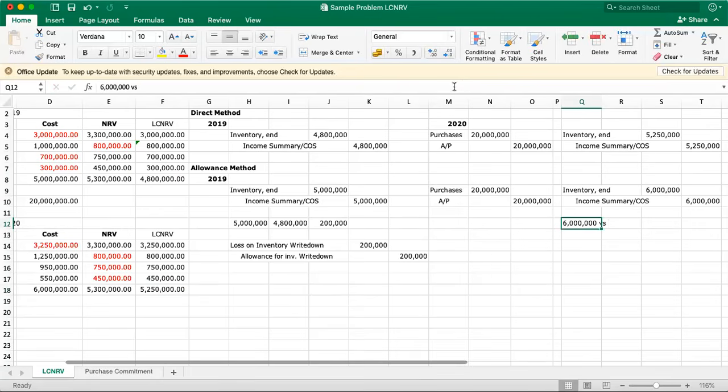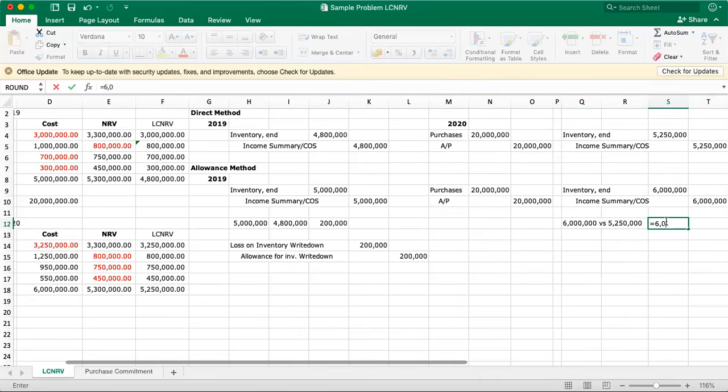So 6 million versus 5,250,000. Okay, naay loss on inventory write-down. Yes, naay loss on inventory write-down. Pila man na? That is 6 million minus 5,250,000.